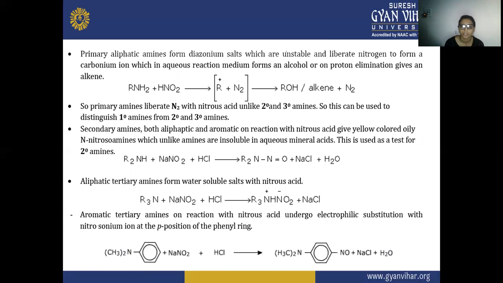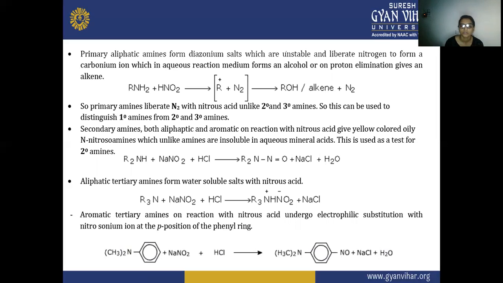In this, primary aliphatic amines form diazonium salts which are unstable and liberate nitrogen to form a carbonium ion, which in the aqueous reaction medium forms an alcohol, or on proton elimination gives an alkene.